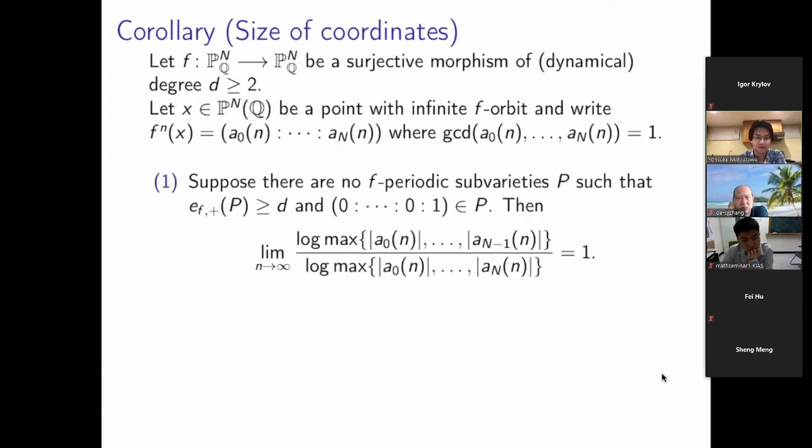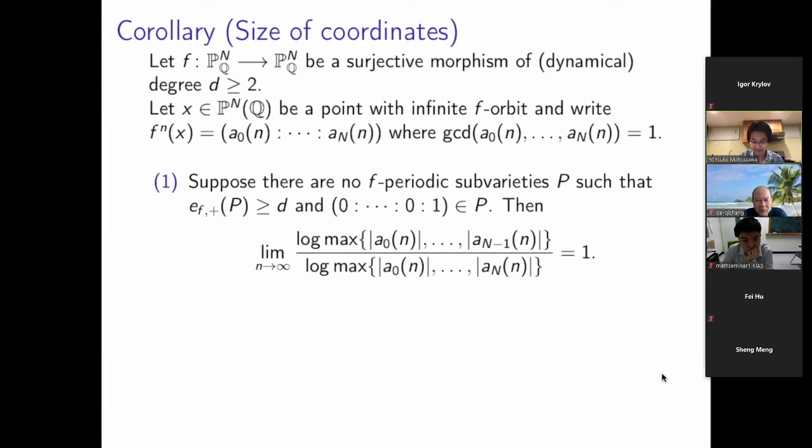The first corollary is this one. This is a corollary of Theorem A. Assume some ramification conditions, but this will be satisfied for a randomly chosen F in experience.